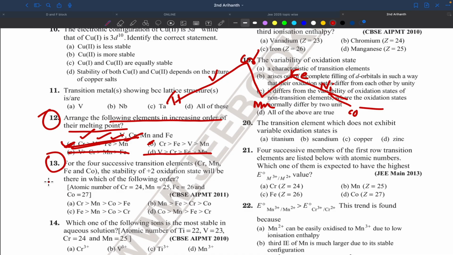Next look at the 13th question. 4 successive transition elements are given. The stability of +2 oxidation state will be in the following order.